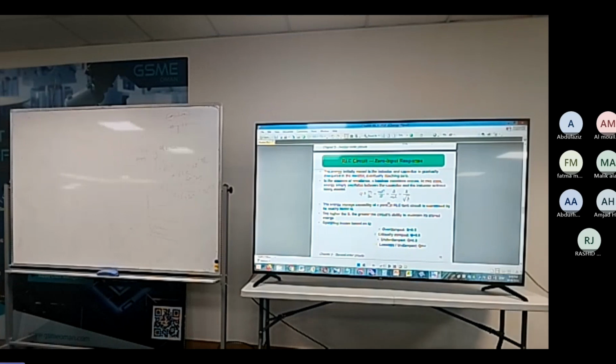If you see first order behavior like that, that means we need two elements which can store the energy, which means both an inductor and a capacitor.